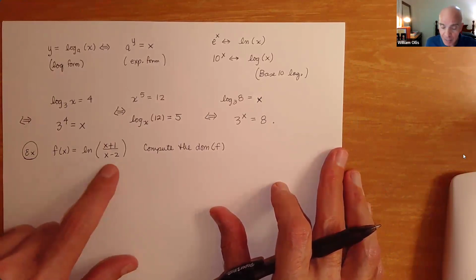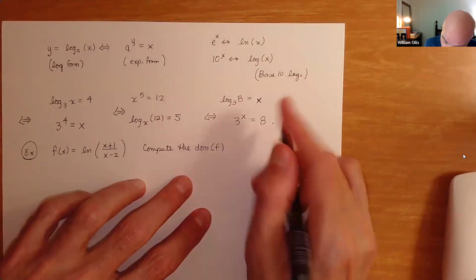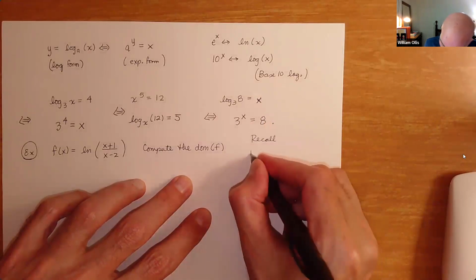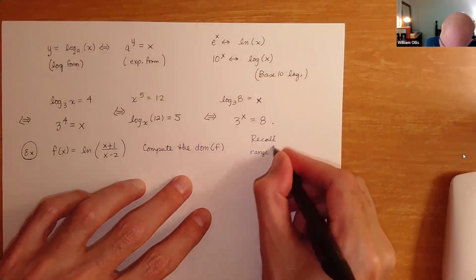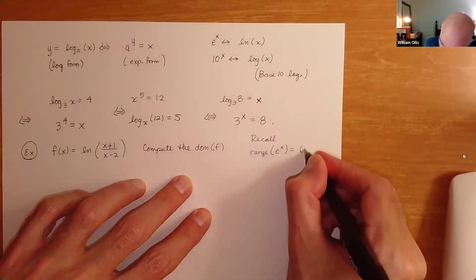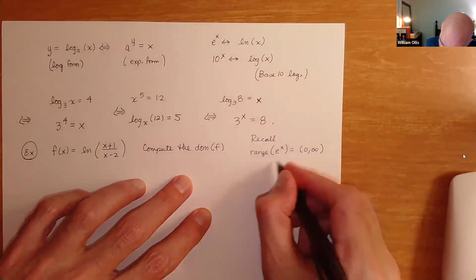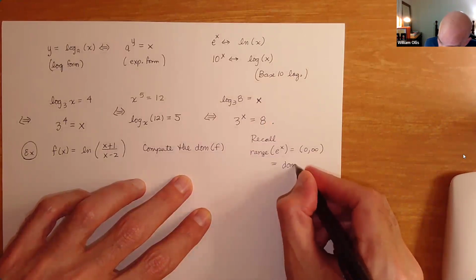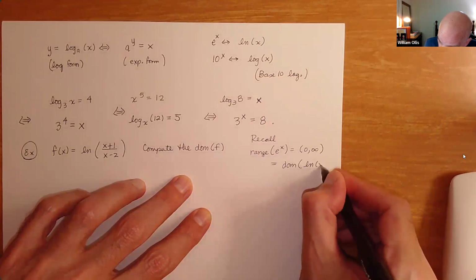So basically, this expression must be positive. Just recall, the range of the natural exponential is all real numbers that are positive. So this necessarily becomes, in this case, the domain of the natural log.